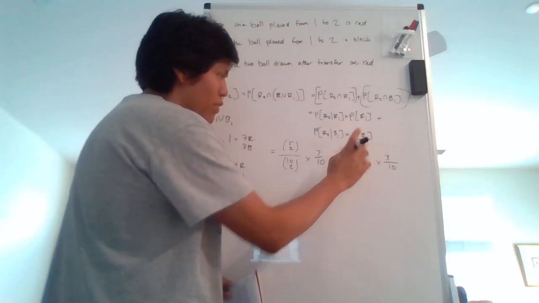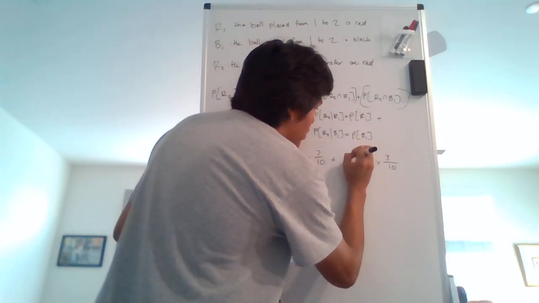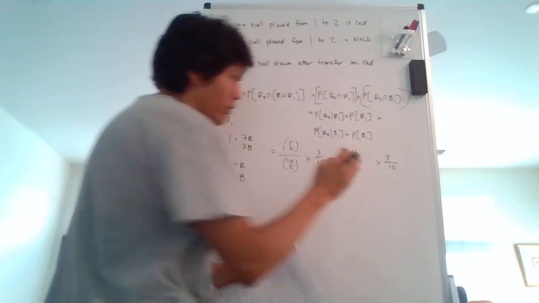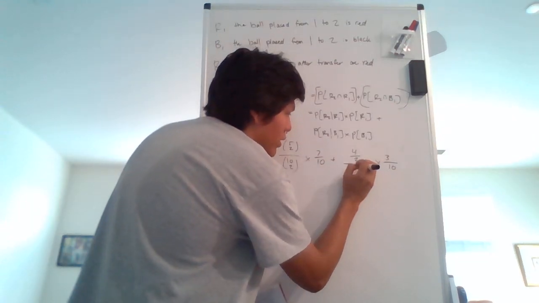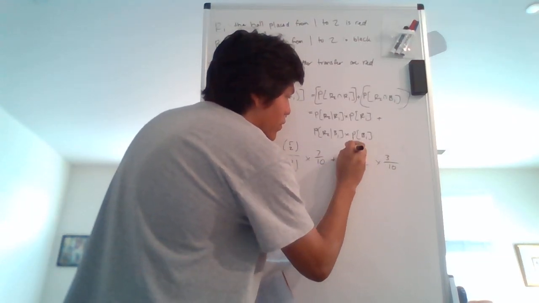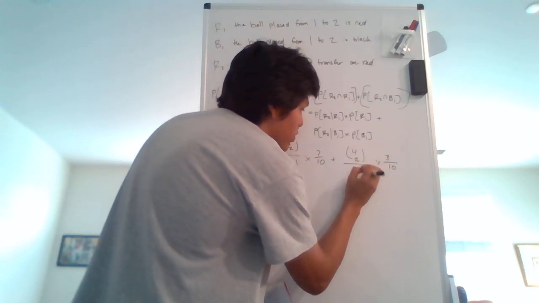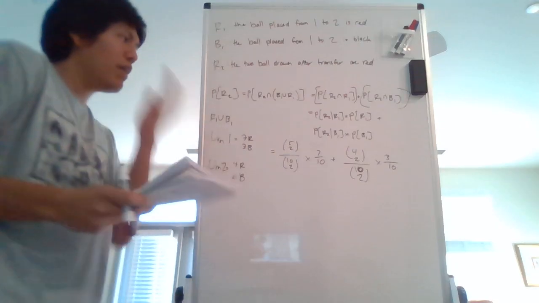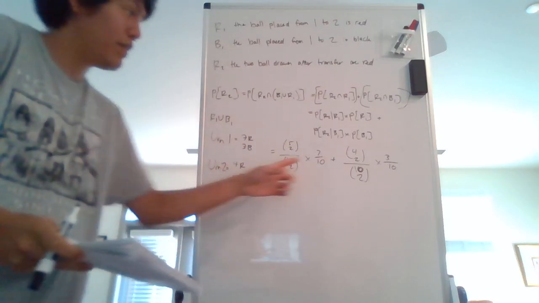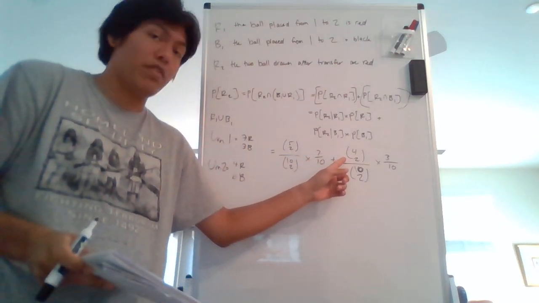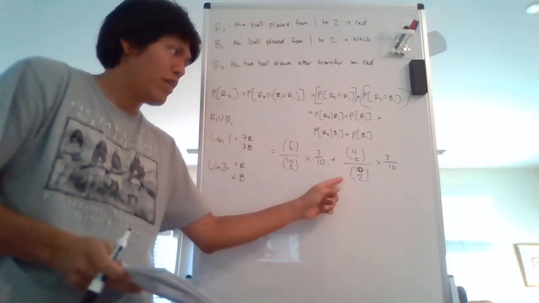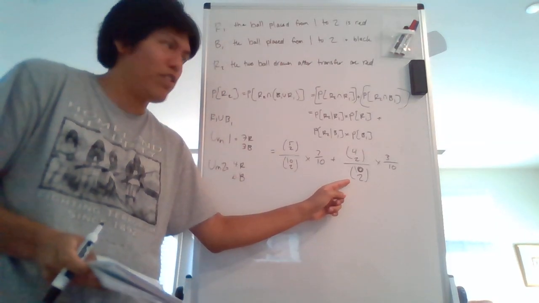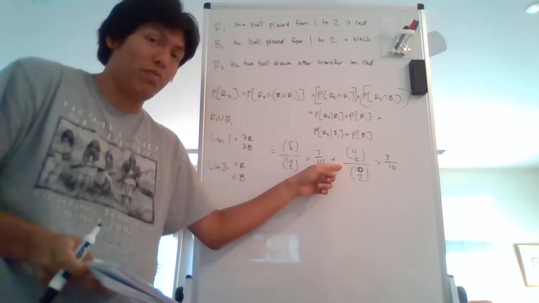So in this numerator, we would have 4 choose 2 over 10 choose 2. Again, we're grabbing 2 red balls from 4 total red balls over grabbing 2 balls in general from 10 total balls.